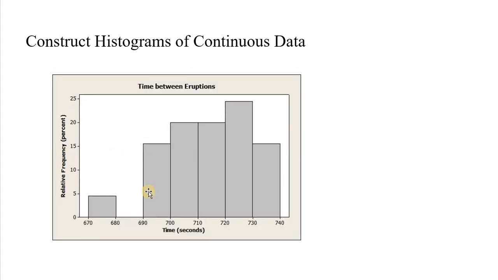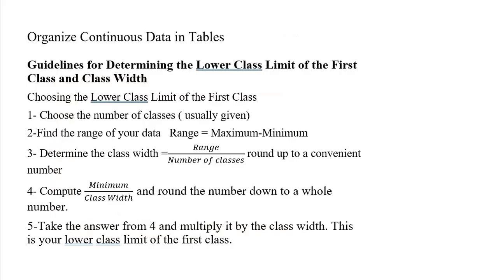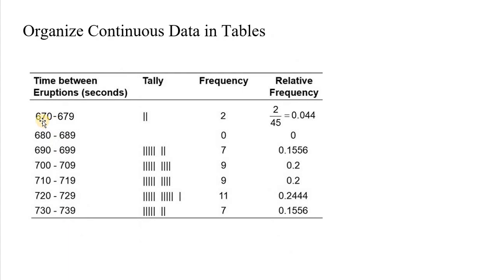And then this is a histogram for the continuous data. As you can see here, the classes or the bins, they have a lower limit and an upper limit. So you can see here from the table, first table right here, the numbers are not the lower limit and the upper limit exactly, but they represent the lower class limits only.